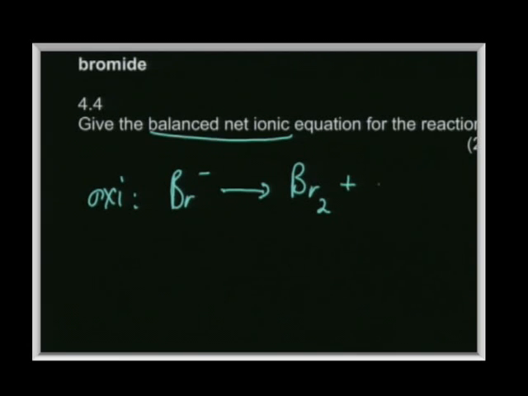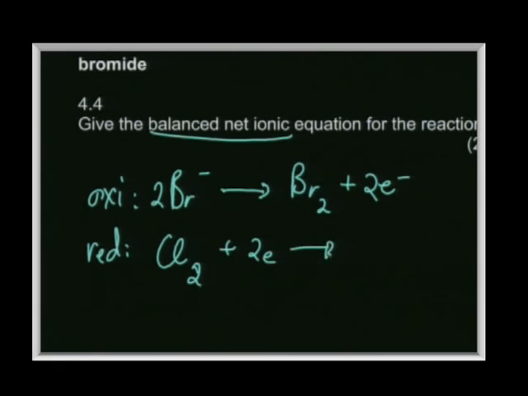And we would have the electrons over here, so we balance it by bringing in the 2. And we have a reduction half reaction, and that would be the one where the chlorine gas, which is Cl2, gained the electrons and turned into your chloride ion on this side. So we balance that equation. So that is where we were for question 4.3.